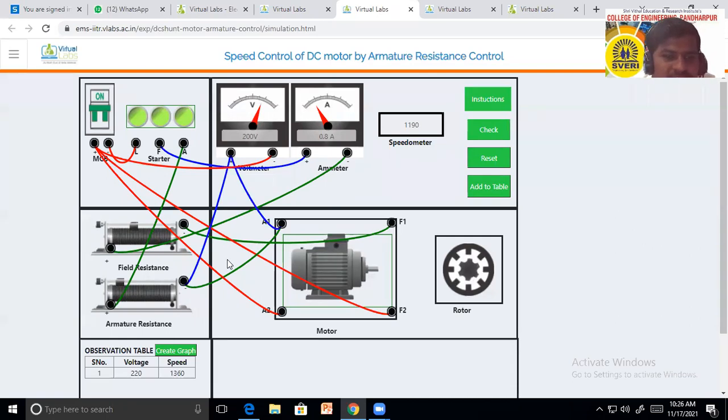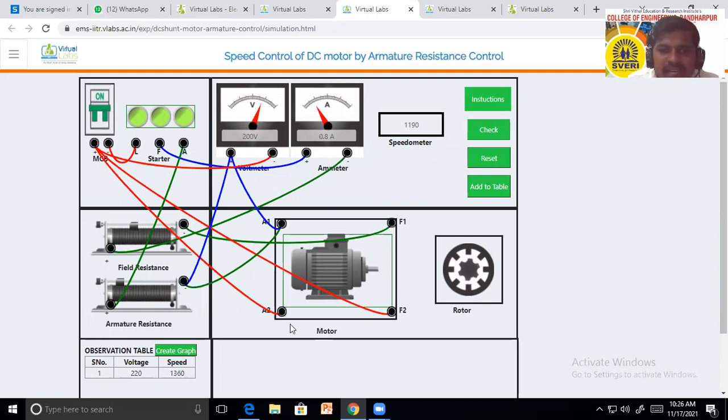Armature voltage मध्ये चेंज झाला का? There is a change in the armature voltage. Armature voltage 220 होतं, it becomes 200. That means Eb reduces. If Eb reduces, what is the speed? 1190. पहिलं 1360 होतं, now the speed becomes 1190.